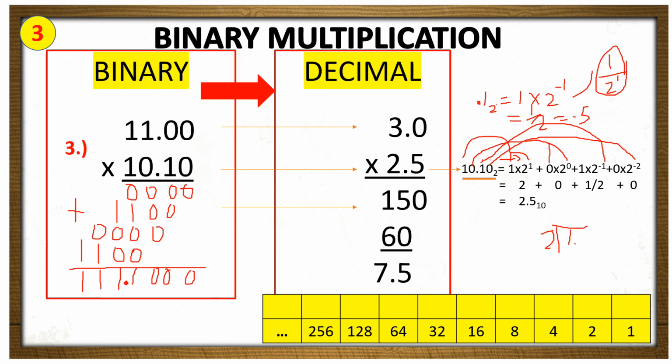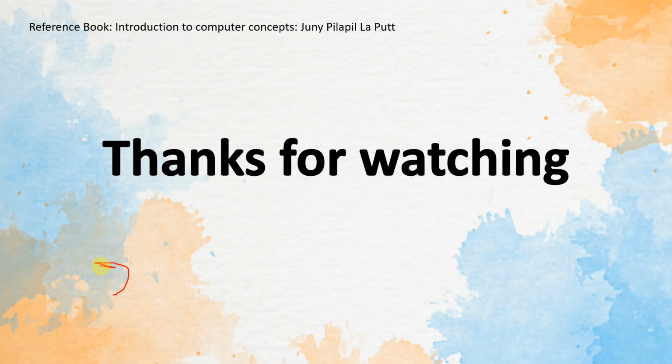Add 0 here, so that's 10 divided by 2, so this is 5. 5 times 2 is 10. Okay, so that's actually 0.5, and the 7 is here, this 111. So that's all on how to multiply binary numbers. Thanks for watching.